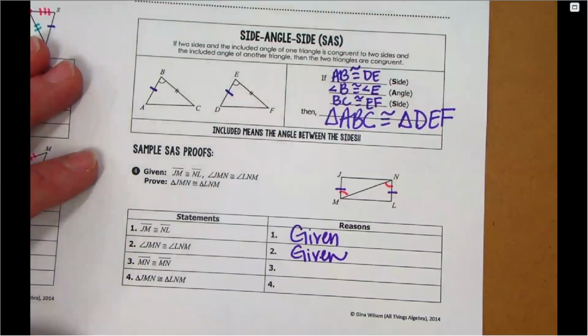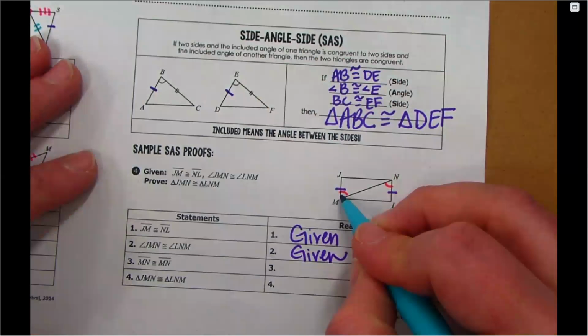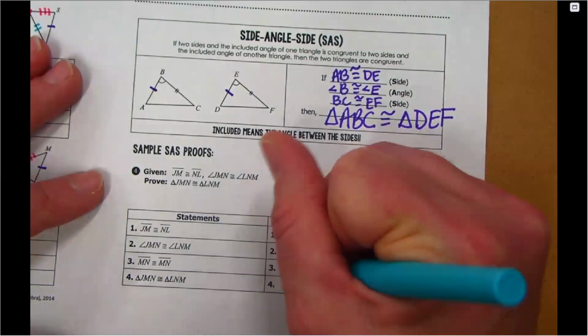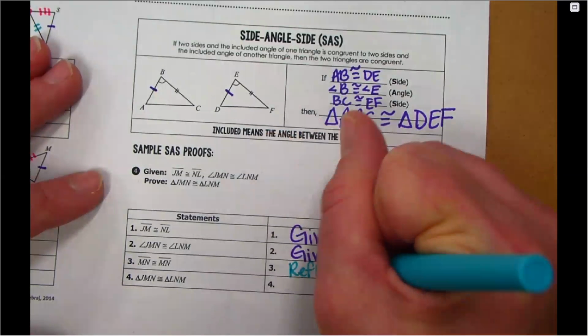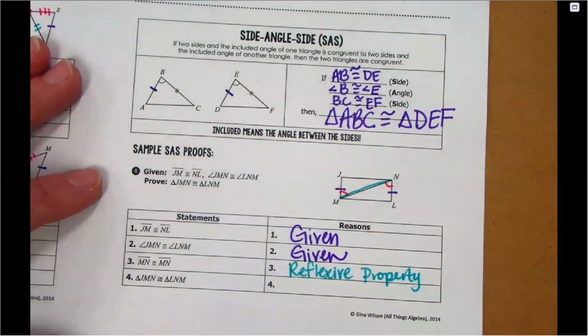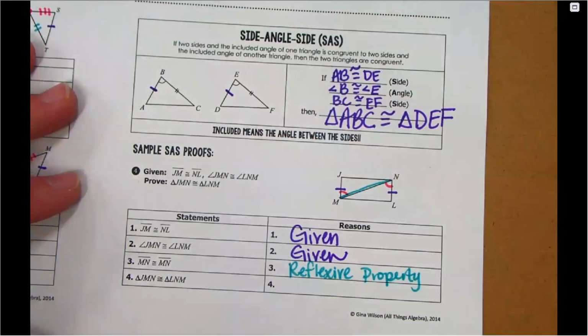Now, the next statement says MN is equal to MN. That's the reflexive property. How do you know that the triangles are congruent?